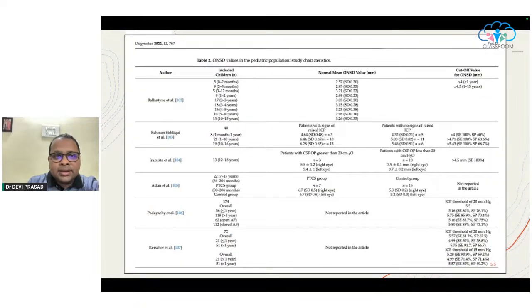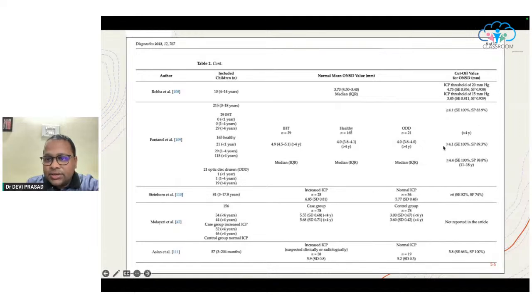This is the table showing the pediatric population by age group, where different authors have done different age group analyses and found the normal mean optic nerve sheath diameter and a cutoff value for these ages, where a value more than this can be termed as a raised ICP value. So basically, anything beyond 4 in children from 0 to 2 years of age is significant.